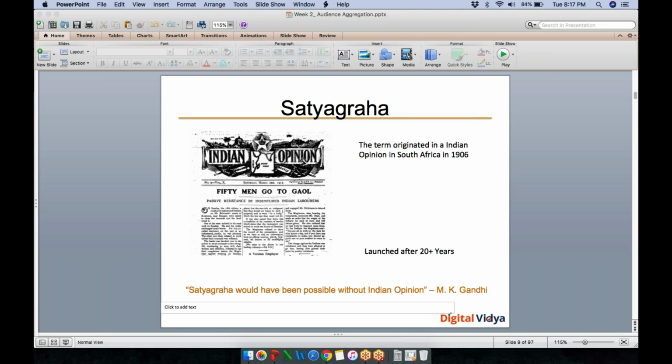He's in South Africa. He's fighting against some set of people, etc. So Satyagraha as a concept originated for the first time in 1906 in one of his newspapers in South Africa. But he actually went ahead and executed Satyagraha 20 plus years later, when he was fighting the independence for India.